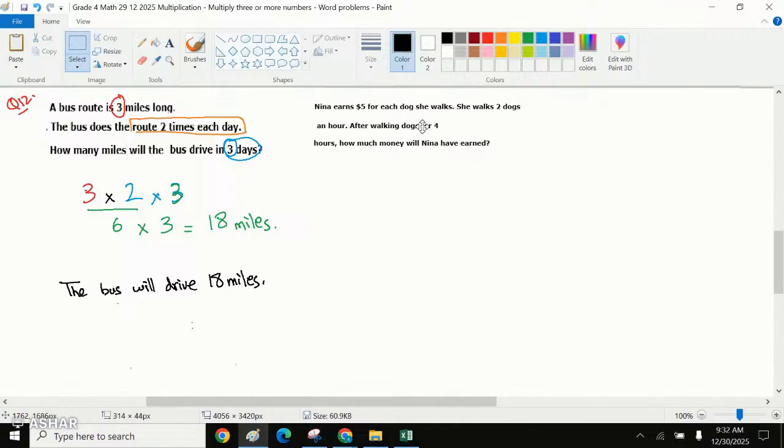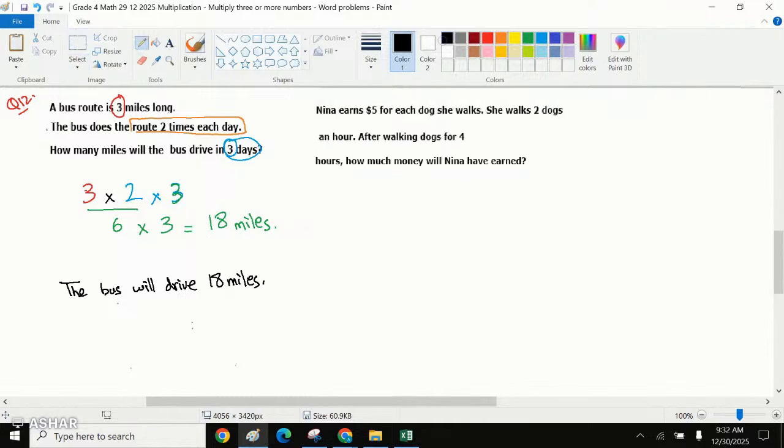The next over here, let's resize. The question says, Nina earns $5 for each dog as she walks, right? She walks 2 dogs per hour. That means she's making, if she's taking $5 per dog, that means 5.